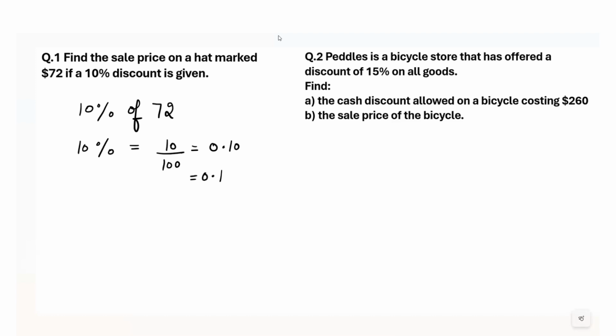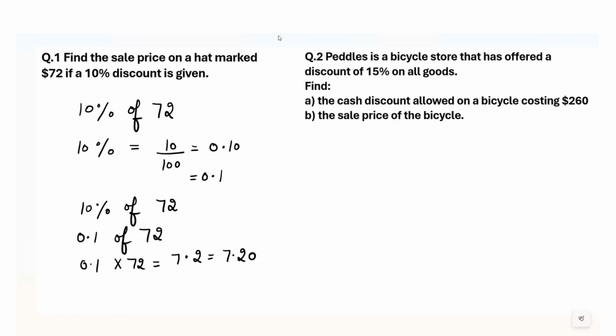Now, in place of 10%, we'll write down the value of 10% in terms of decimals, which is 0.1 of 72. So 0.1 times 72 is equal to 7.2, which is $7.20 in terms of money.